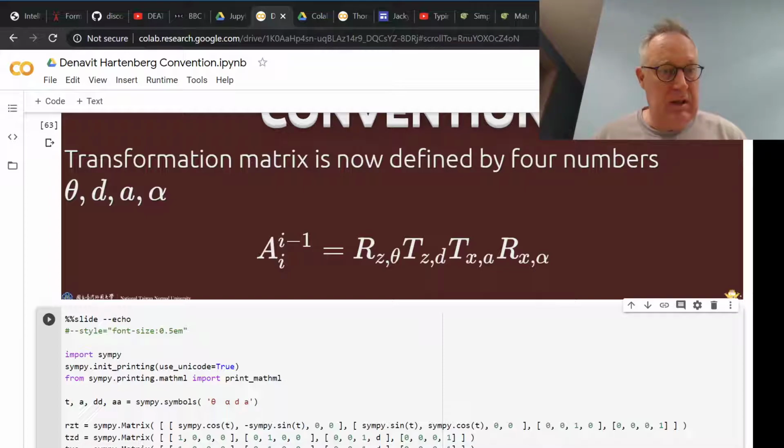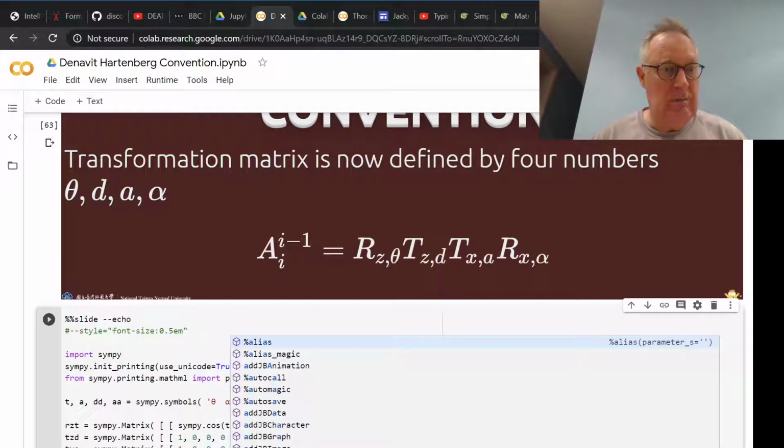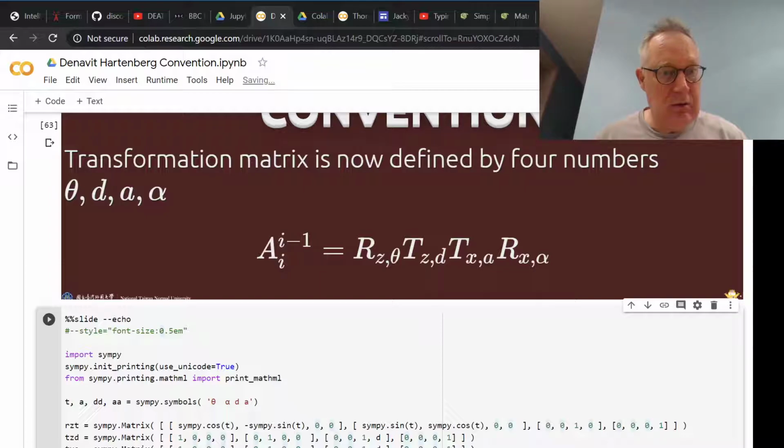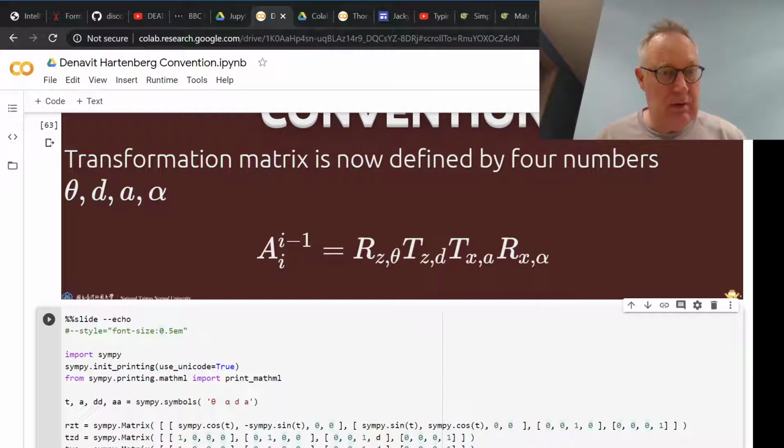So that would be added here, a, and here that should be dd, and this should be txa.